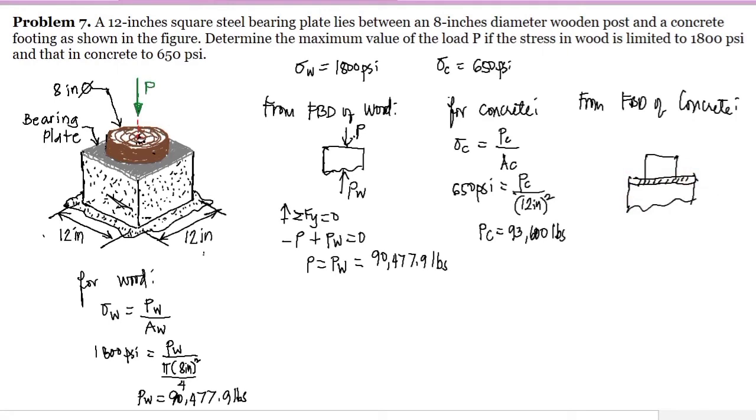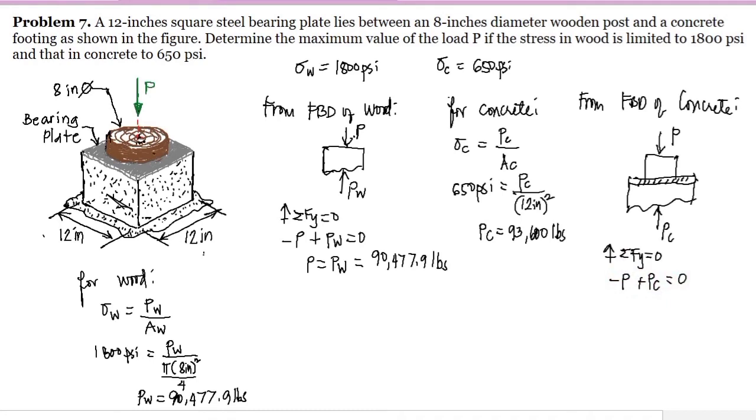So if we are going to cut this, may expose yung force resisted by the concrete, and we have here the force P. Now, if we are going to summate forces vertical is equal to 0, taking the upward direction as positive, so we have negative P kasi it's downward, plus PC is equal to 0.